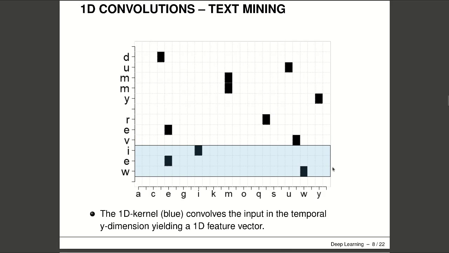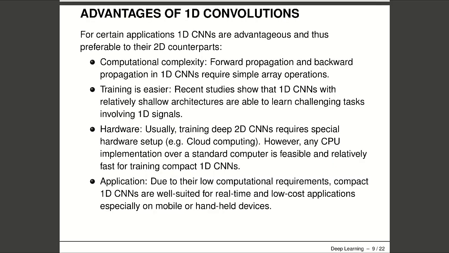Here our kernel is shown in blue, and we use the 1D kernel, which convolves the input along the temporal dimension, and we will have a 1D feature vector at the end. For certain applications, 1D CNNs are advantageous and thus preferable to 2D CNNs in dealing with one-dimensional data such as time series data.